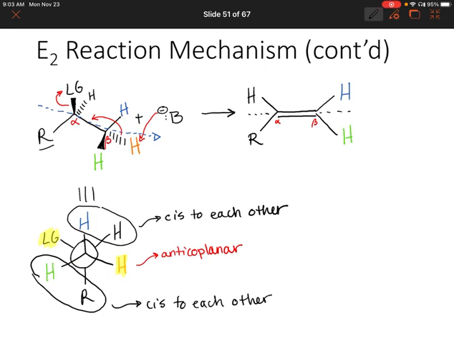You can imagine that this can get a little trickier if we start adding other types of groups onto our molecule, maybe an isopropyl group or an ethyl group somewhere. How do you figure out what's on the same side of the double bond? Drawing a Newman projection can help to figure that out.